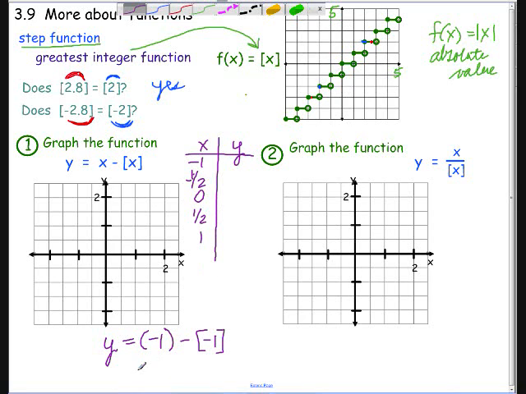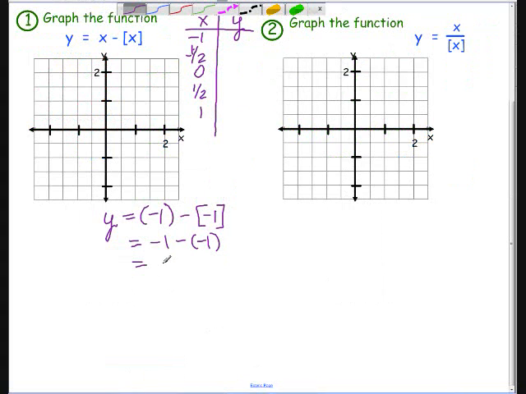Okay, so this will simplify to negative 1 minus a negative 1. So that's the same as negative 1 plus 1. So y equals 0 in this case.